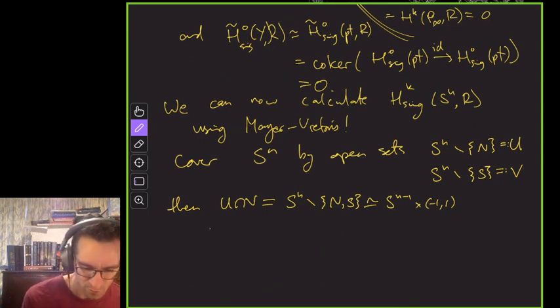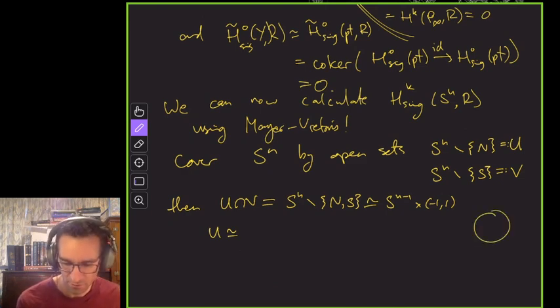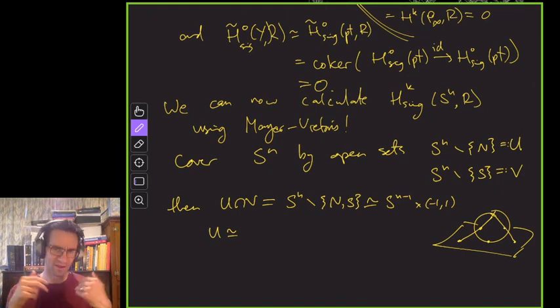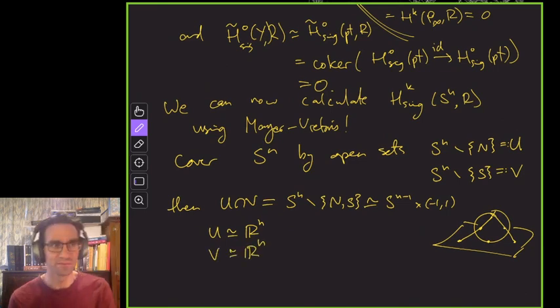Moreover, U, using stereographic projection, takes a sphere minus this point and maps it down to a point in the plane. There's a formula you can write down; I'm happy to supply it later. So this is homeomorphic to Rn. V is homeomorphic to Rn, involving a slightly different map.